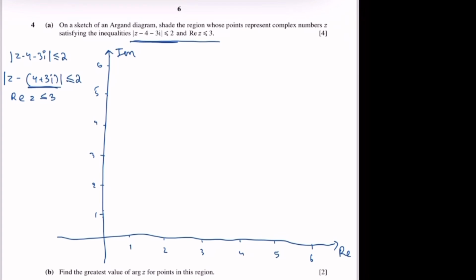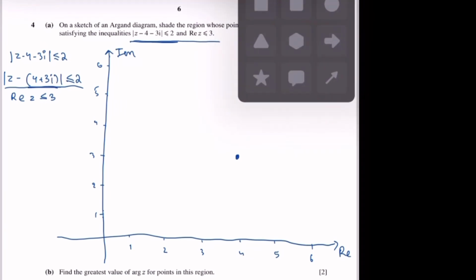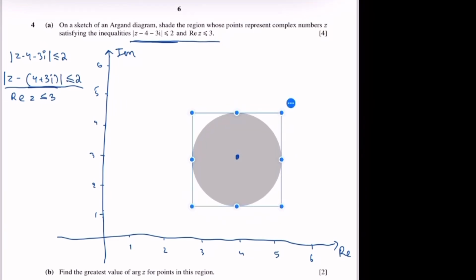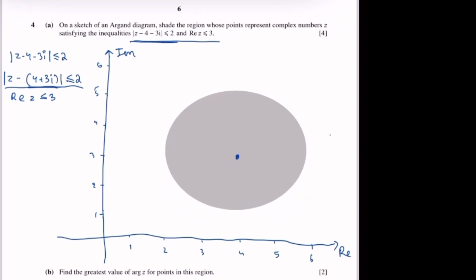Right? So if you look at this inequality first, it's basically going to be a circle and the center will be 4 plus 3i, the radius will be 2. So 4 plus 3i is somewhere over here, right? Now I'm going to add a circle over here. Here's our circle, right? So this point will come till 2, this point will go till 6. So this is our circle.